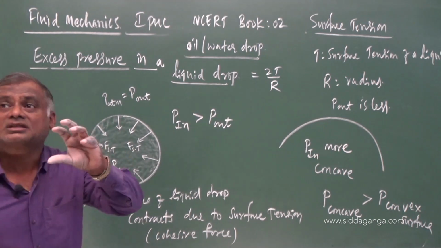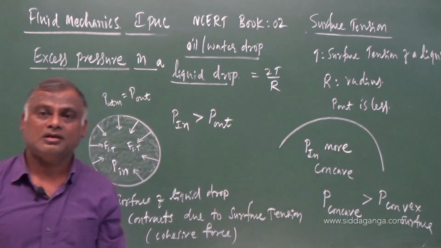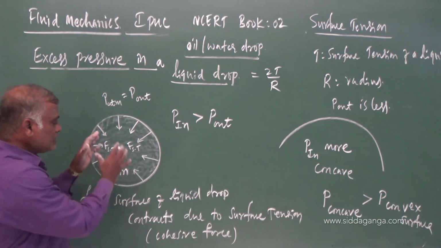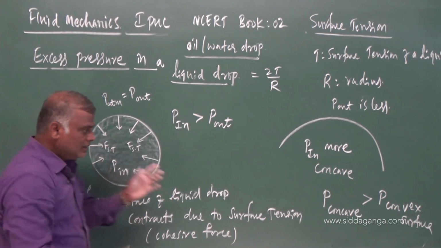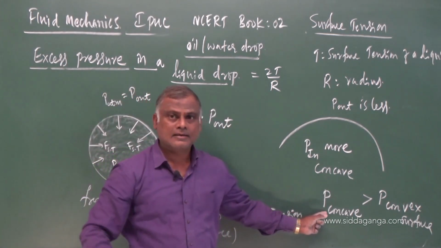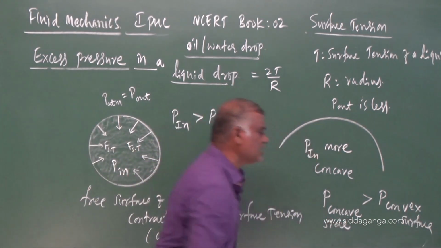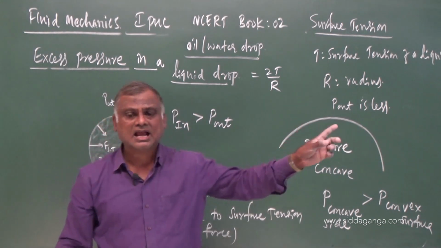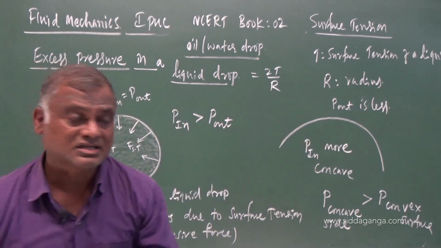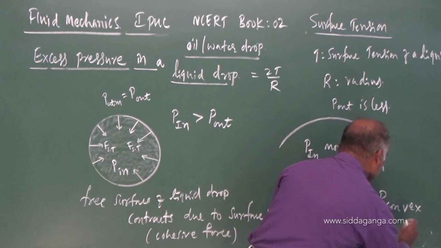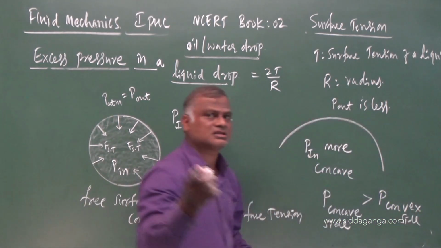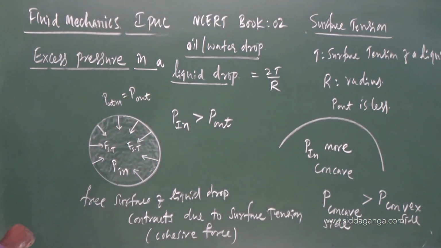The liquid shape looks like a sphere. So with this idea, one important result is that pressure at the concave side is much greater than that at the convex side. Surface or side, meaning the same.